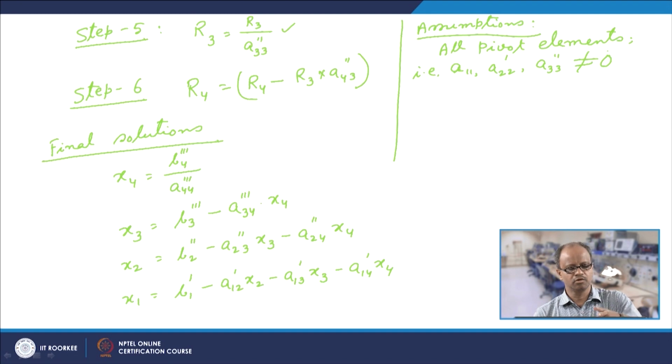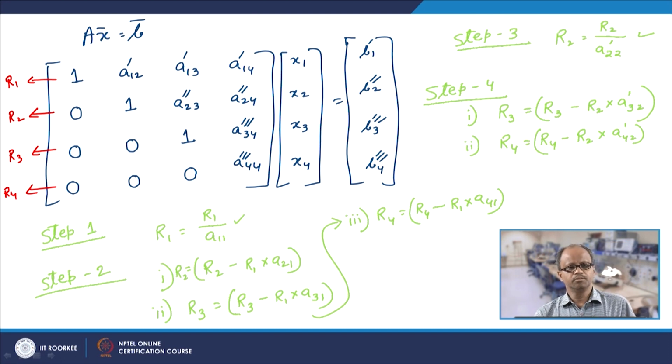So, in that case we will not be able to get the modified row. However, if there is any problem, for example, if A22 dash becomes 0 here after this elimination, then what will we do?